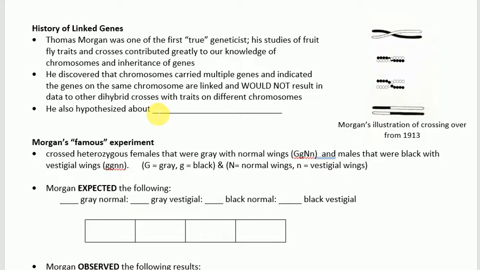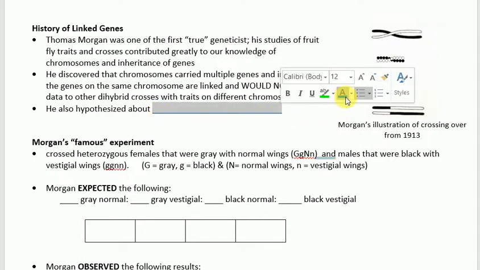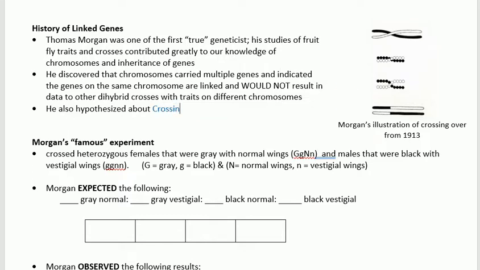So what he discovered was that chromosomes can carry multiple genes, and indicated that the genes on the same chromosome are linked and would not result in data similar to other dihybrid crosses with traits on different chromosomes. He also hypothesized about crossing over. Now, this was in the early 1900s, so this here was his illustration of crossing over.